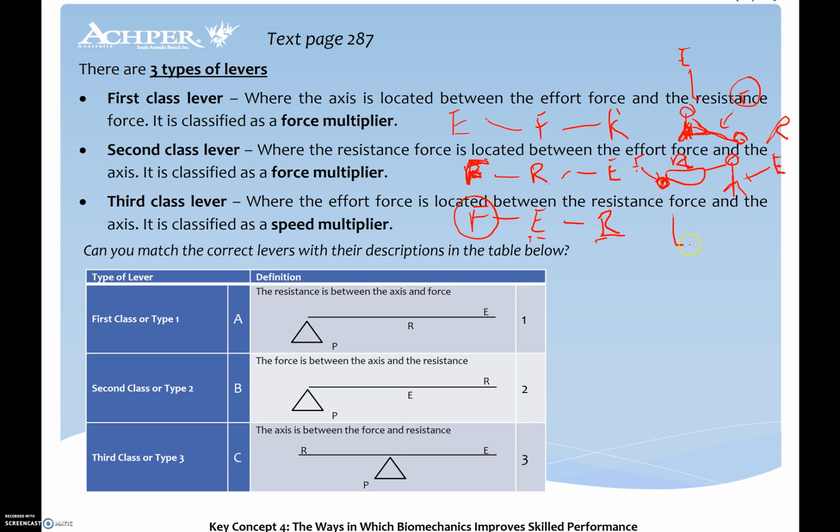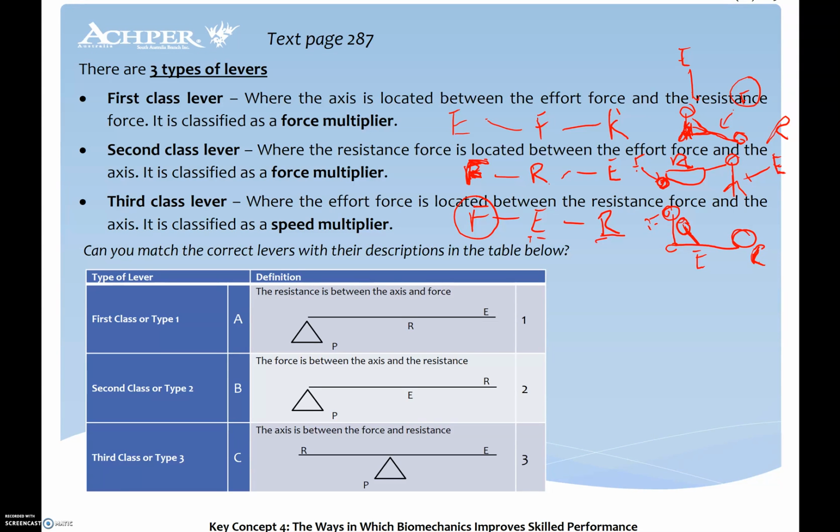If we were holding a ball, we have internal pivot points, which allows our effort over the muscle. So effort, fulcrum, and resistance. They can be difficult to figure out. However, what we're looking for is to identify that third class levers are probably our most common.